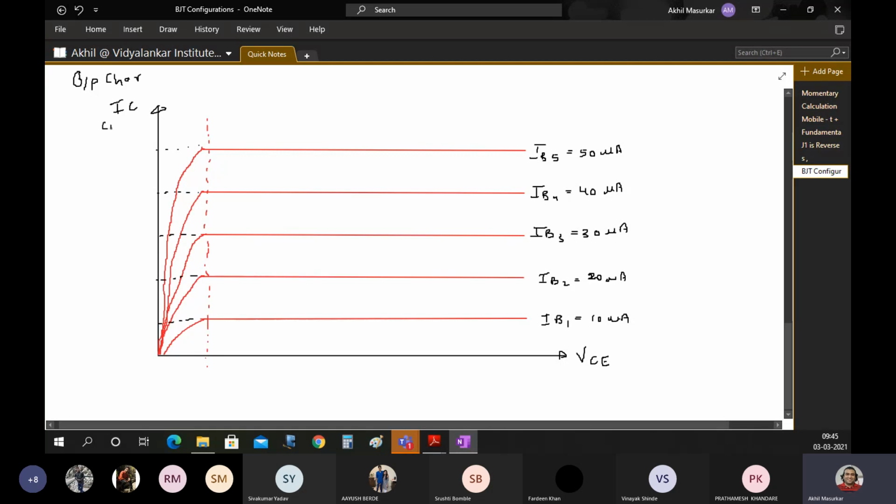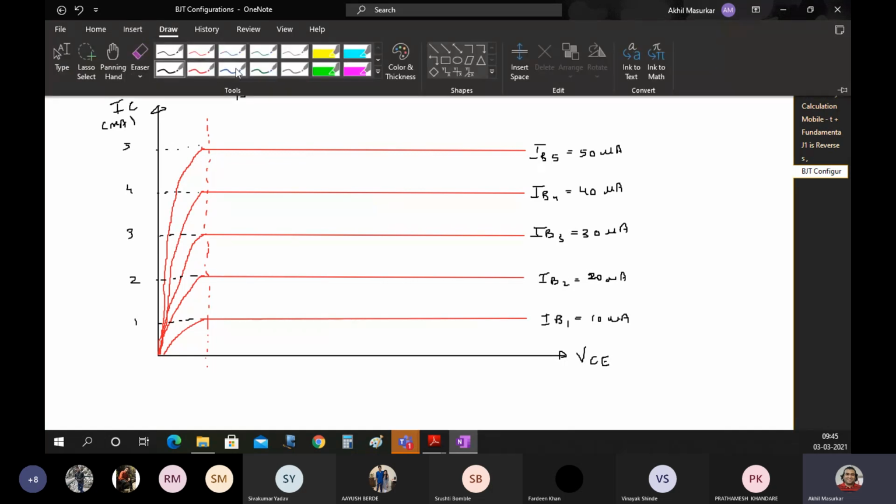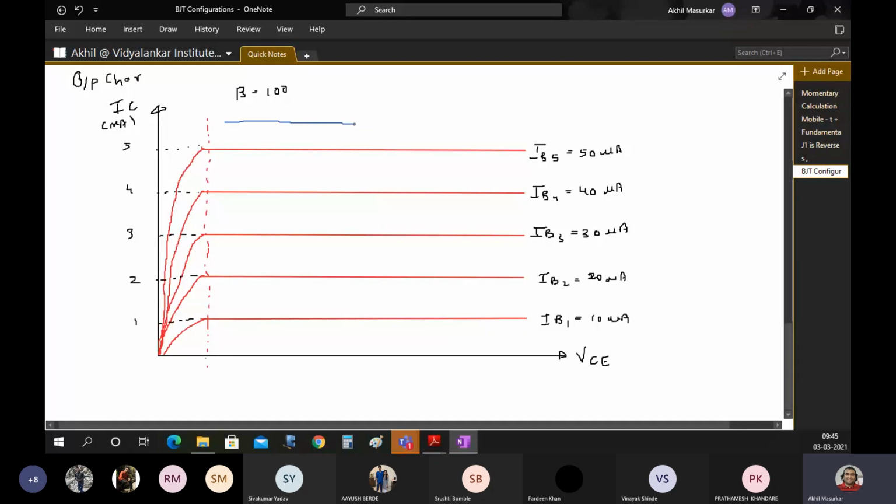This is in milliamperes, so this is 5, 4, 3, 2, 1. So let's say beta is 100. This region is called active, and this is called saturation.